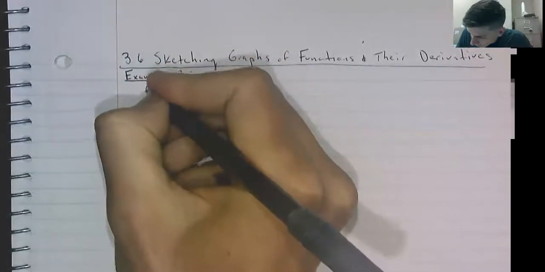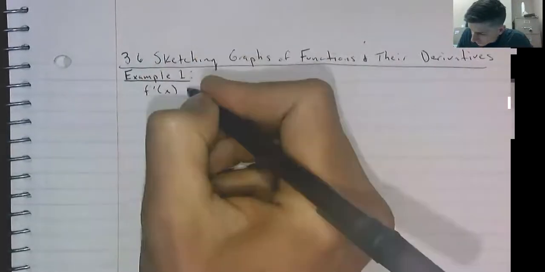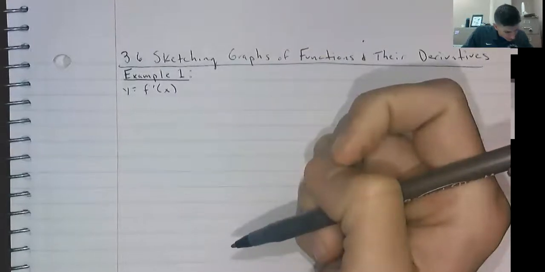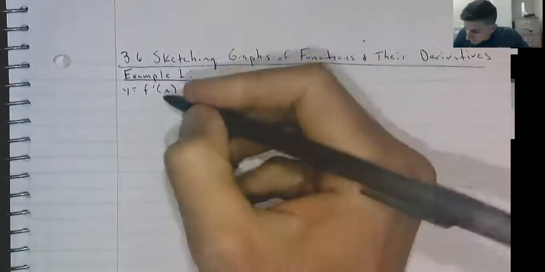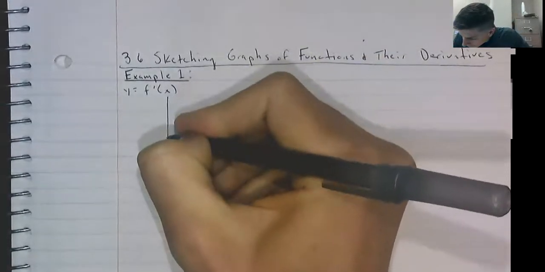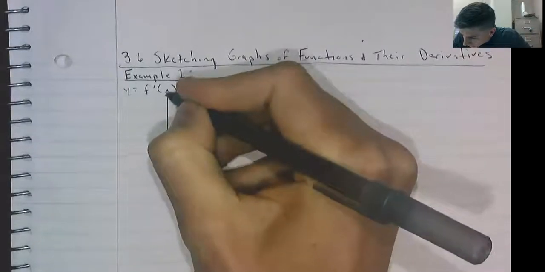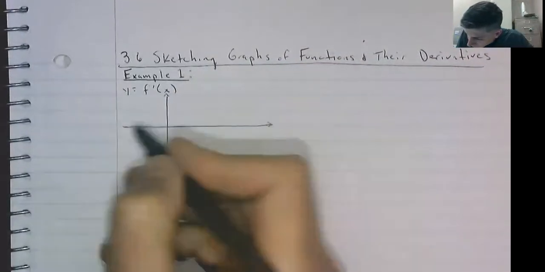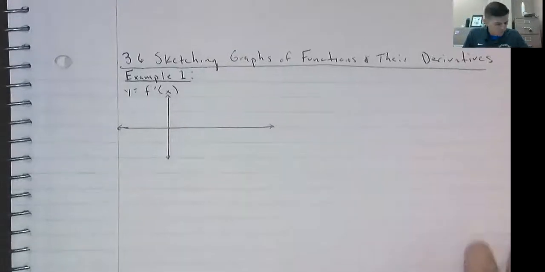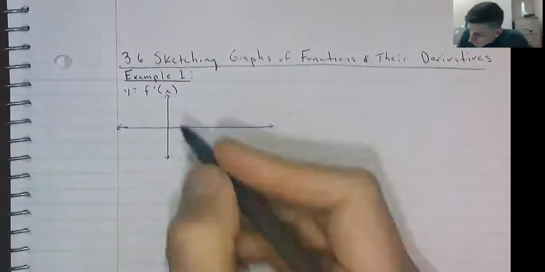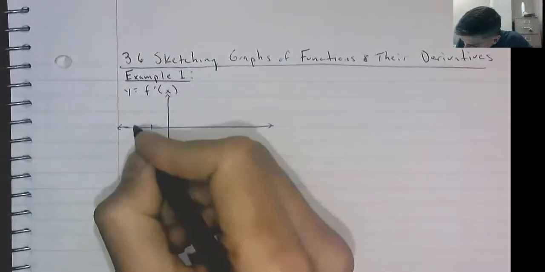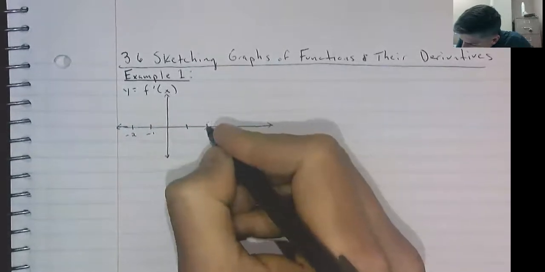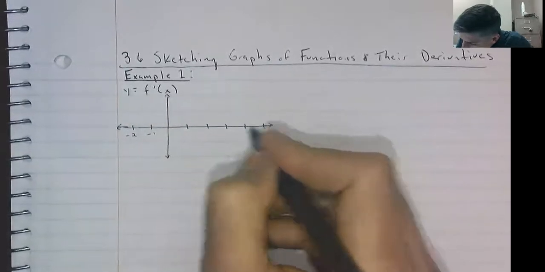So f prime of x, so y equals f prime of x. It was kind of a cubic looking guy. So we had something like this. Then we had -1, -2, 1, 2, 3, 4, 5.